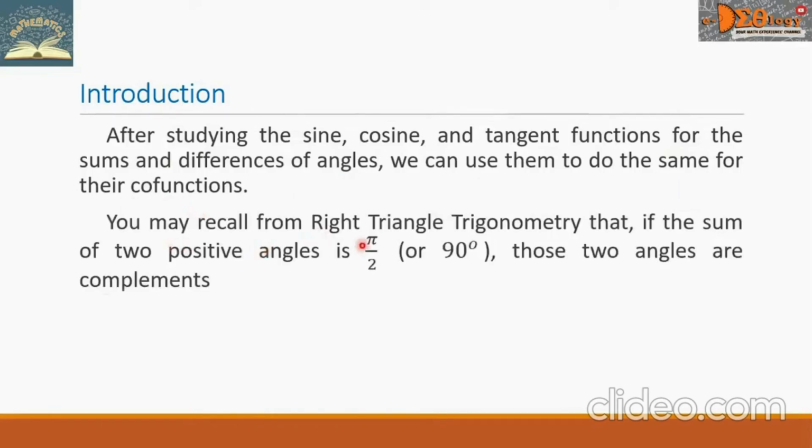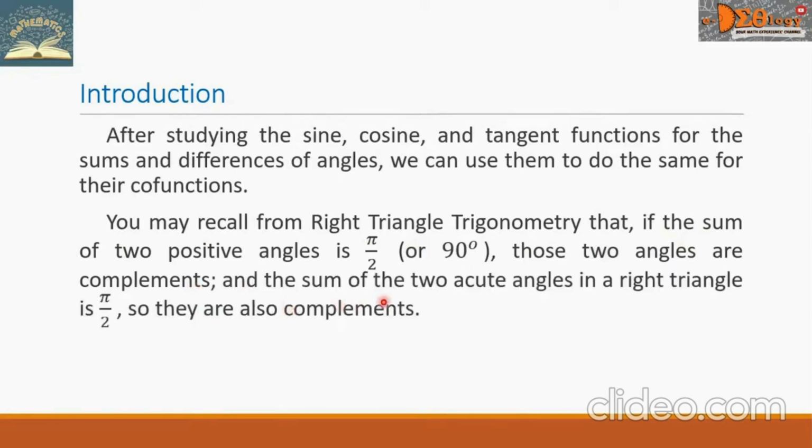You may recall from right triangle trigonometry that if the sum of two positive angles is pi over 2 or 90 degrees, those two angles are complements. And the sum of the two acute angles in a right triangle is pi over 2, so they are also complements.